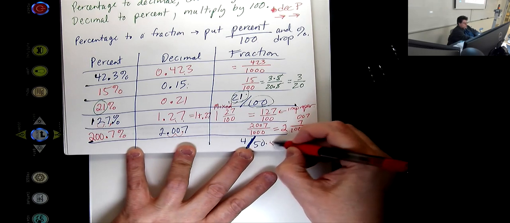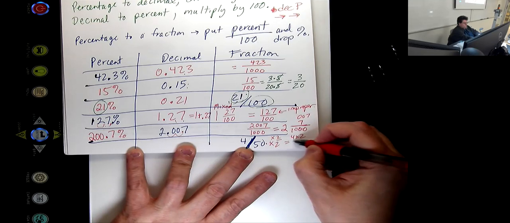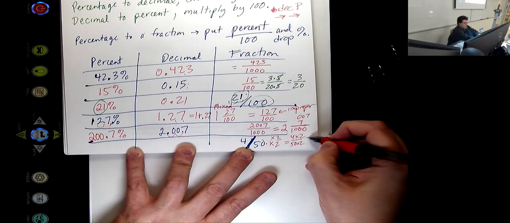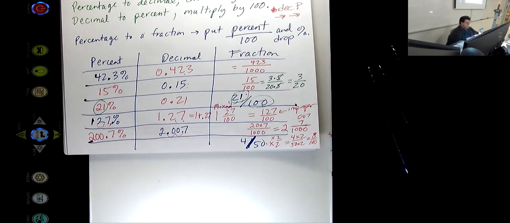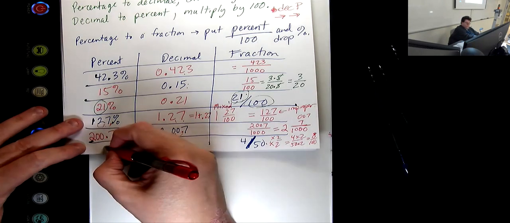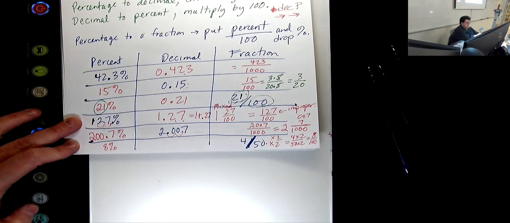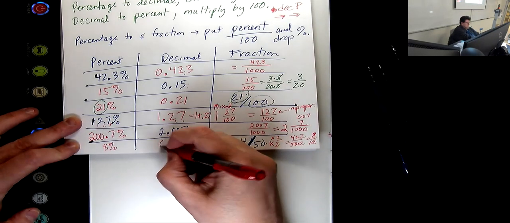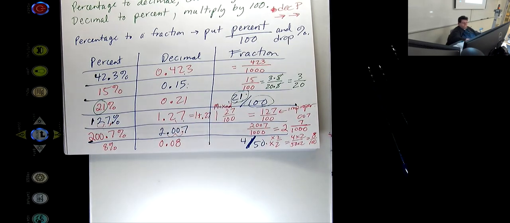So if I multiply this by 2 over 2, I get 4 times 2 on top, 50 times 2 on bottom. I get 8 over 100. The 8 over 100 is just 8%. And 8% is the decimal 0.08, which you would have got if you did the division using a calculator.